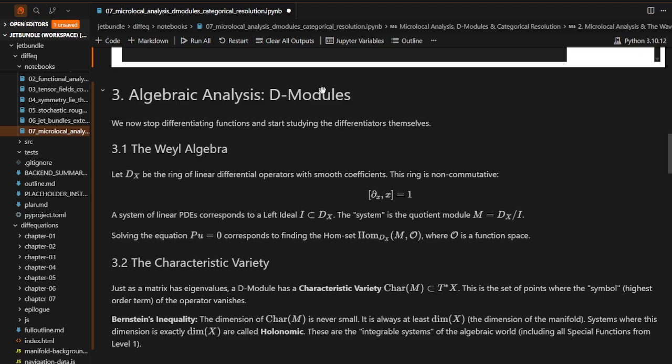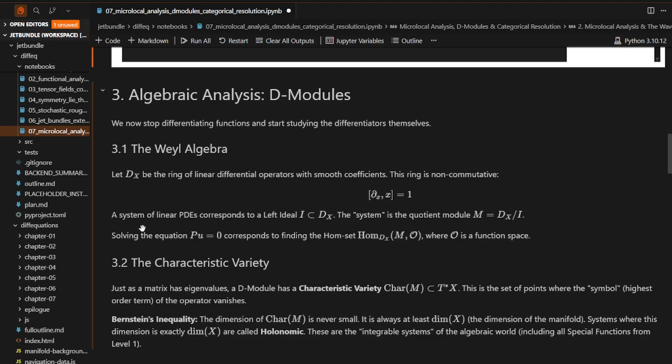Now, a ring, a D module, or D sub x, of differential operators with smooth coefficients and non-commutativity. Okay, and this is what is said to be the Weyl algebra. Again, this is like a raising and lowering operator in quantum mechanics that's defining that algebra, right? Because the commutation between them is unity.